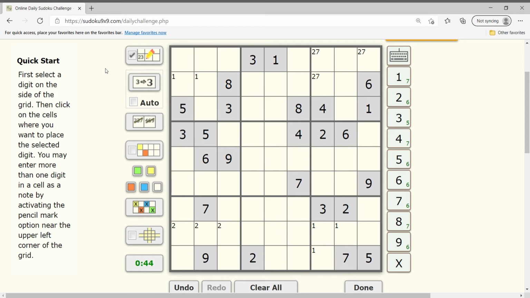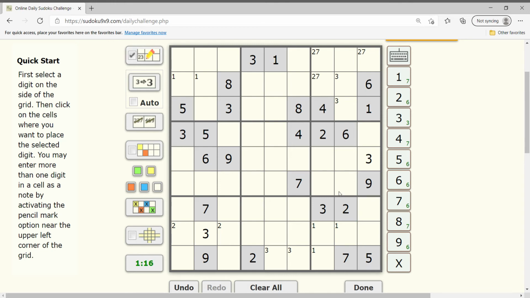Okay, we know this cell has to be 3. And 3 is also like this, right? Over here, 3 has to be vertical. And this is the other cell that's 3, right?